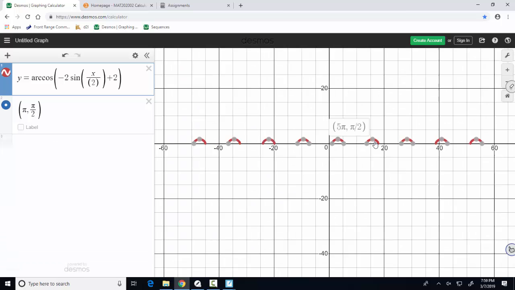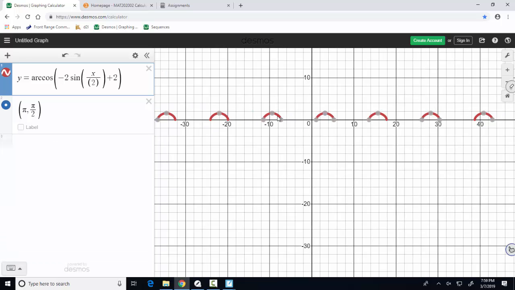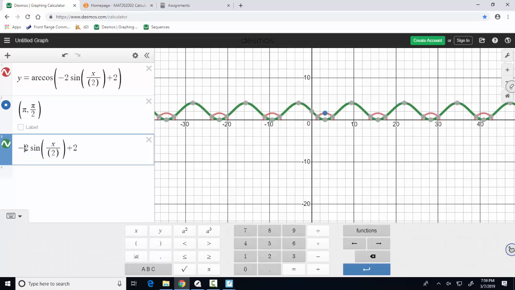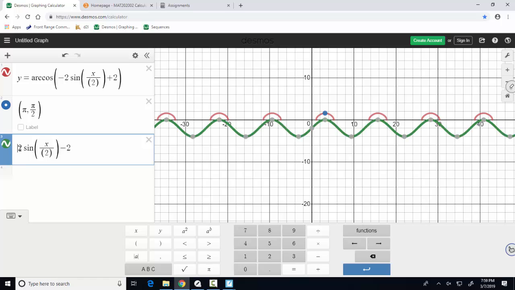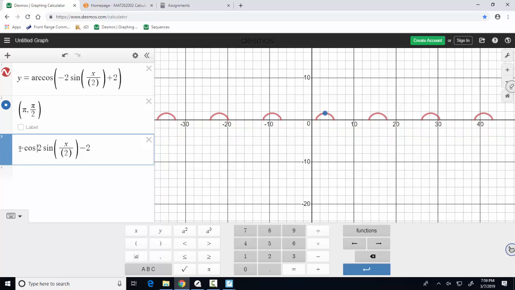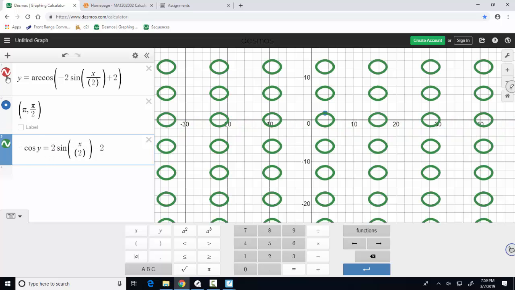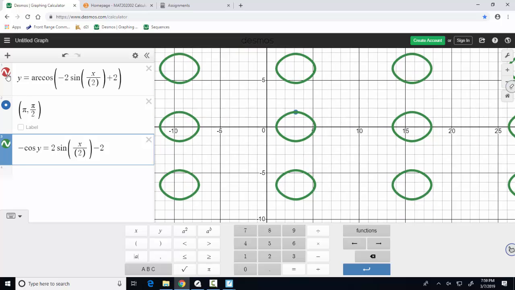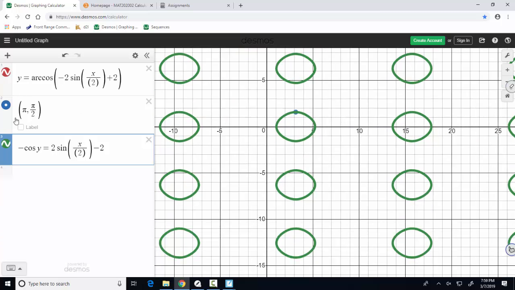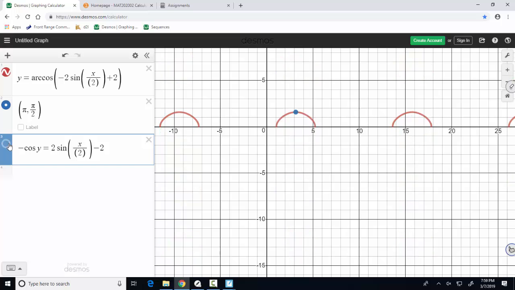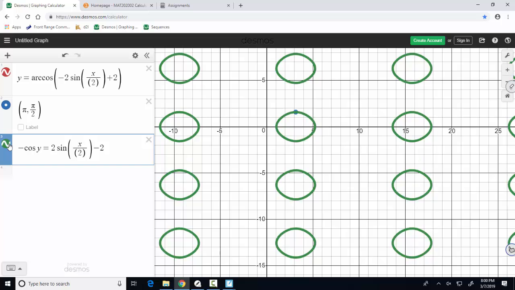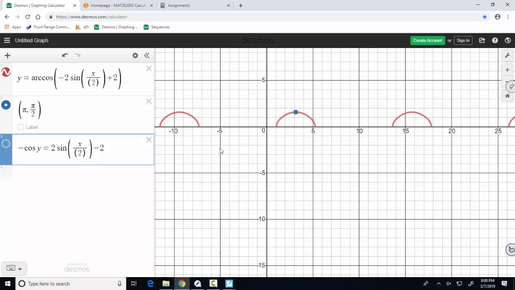So notice this is only giving us the half of those ellipses. It's not giving us all of those other ones, right? Okay, well, let me turn this off. Okay, see that they do confer with one another, but only for certain values. Right, there's our implicit solution, there's the explicit solution.